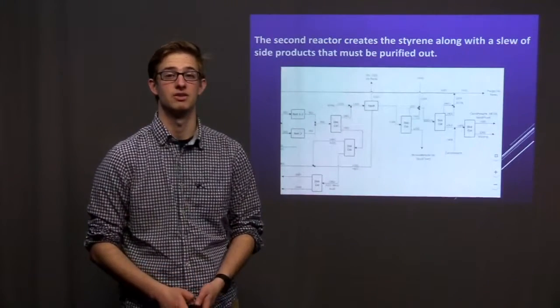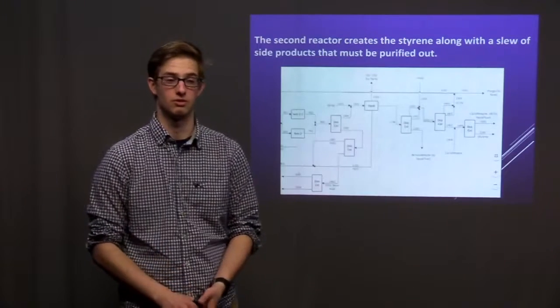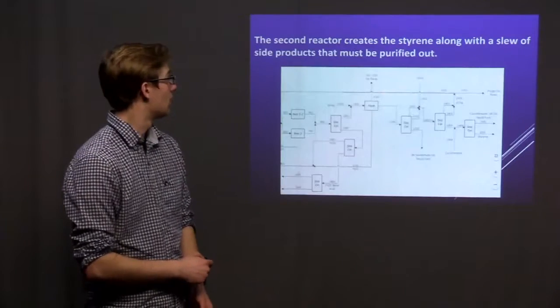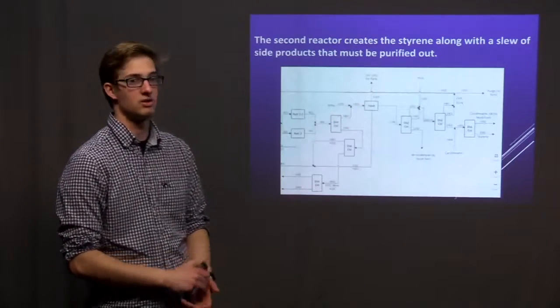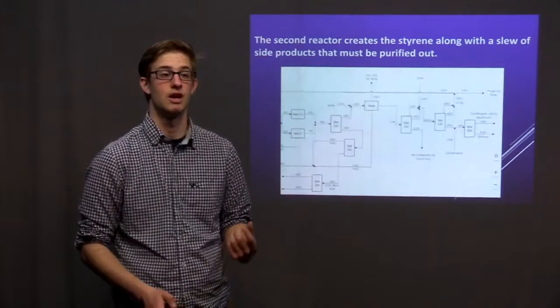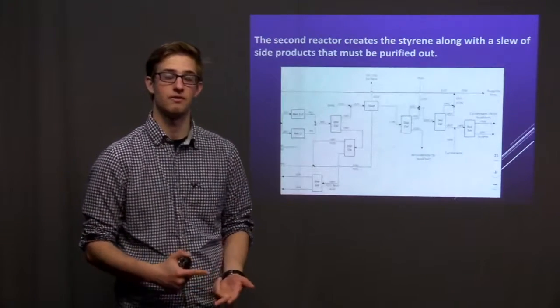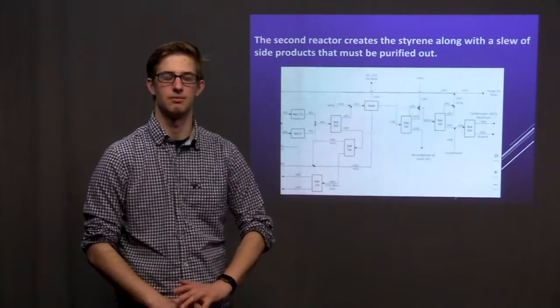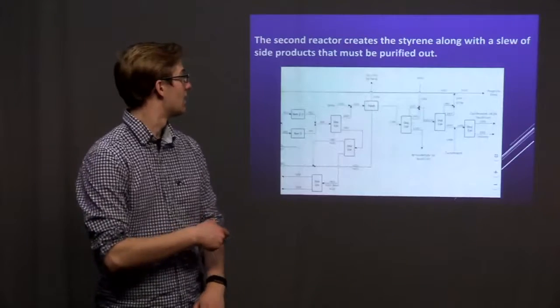The other stream is almost 50-50 water and benzoic acid, so it has to be liquid incinerated. The top stream is sent to a three-phase separator. This three-phase separator pulls off more of the water, leaving us with styrene, vinyl cyclohexene, ethylbenzene, and benzaldehyde.